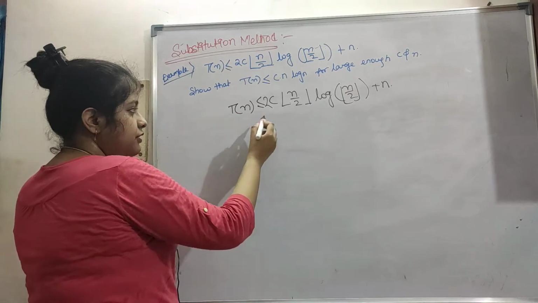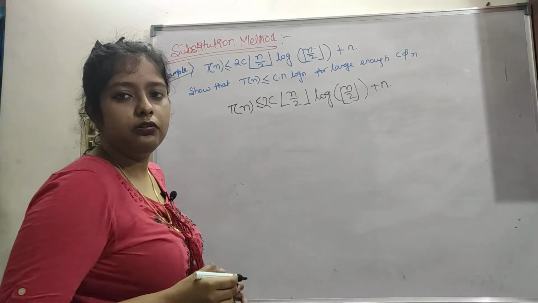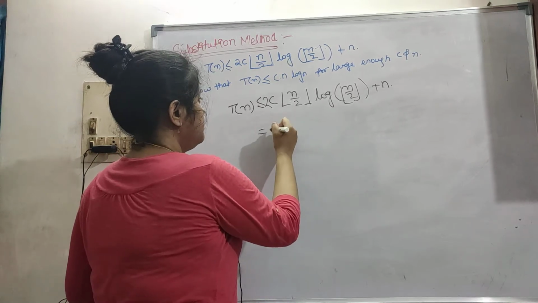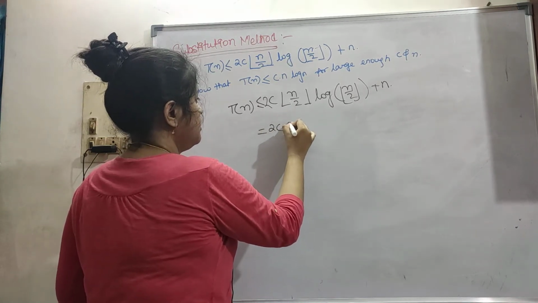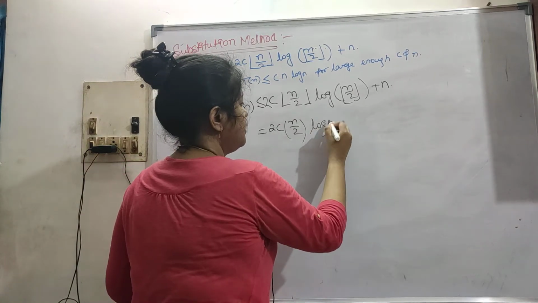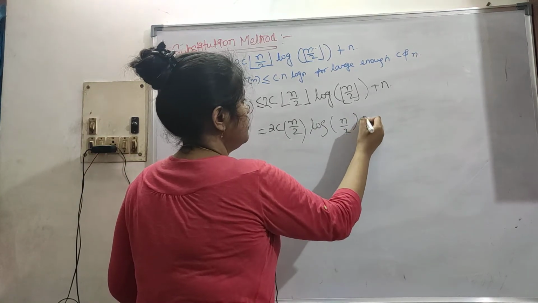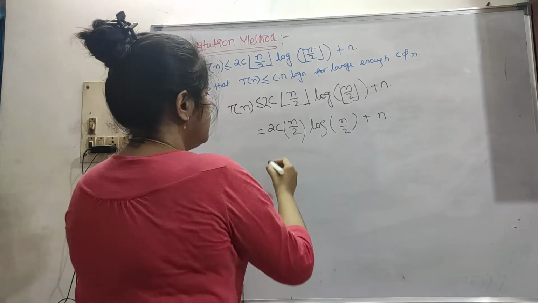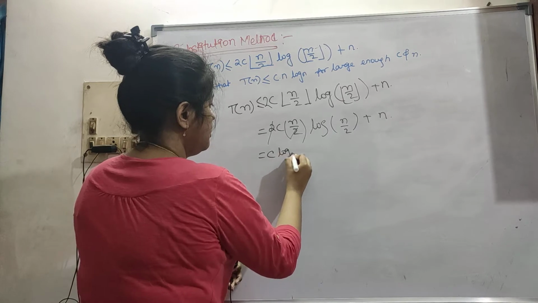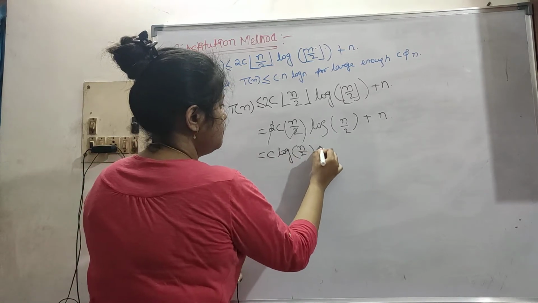If we drop this floor value, the bound will increase, obviously, as I have told you. So if we drop the floor, 2T of n by 2 plus n, we get 2c times n by 2 times log of n by 2 plus n. So this 2 will get cancelled out: c n log n by 2 plus n.